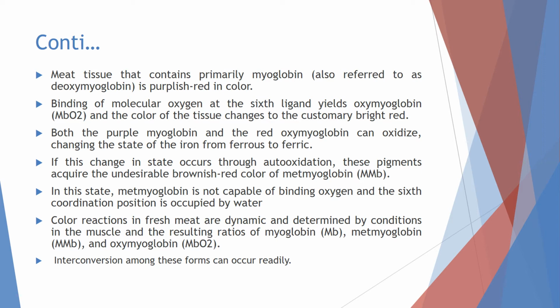When metmyoglobin forms, the 6th site of iron is occupied by a water molecule, and the myoglobin molecule becomes incapable of binding oxygen. Depending upon the ratio of myoglobin, metmyoglobin and oxymyoglobin present in the muscles of the animal, the color of the meat differs. The interconversion between these pigments can also occur.